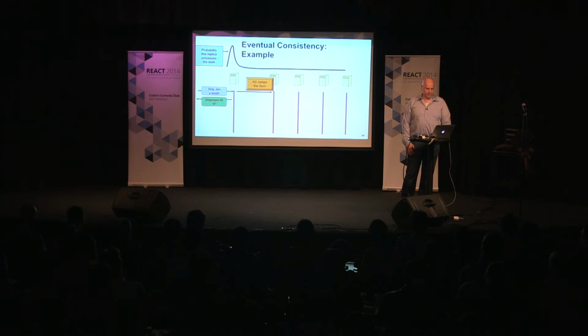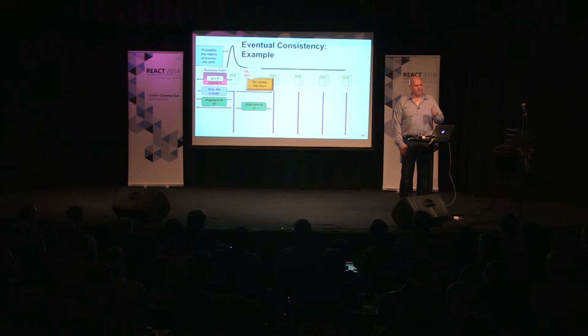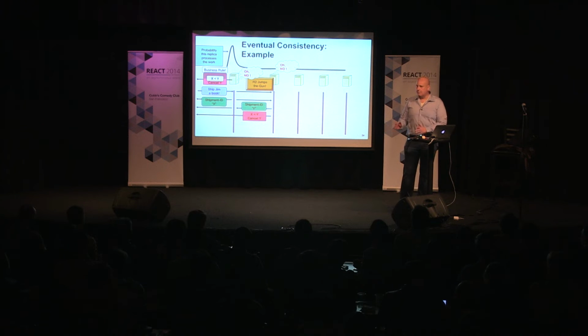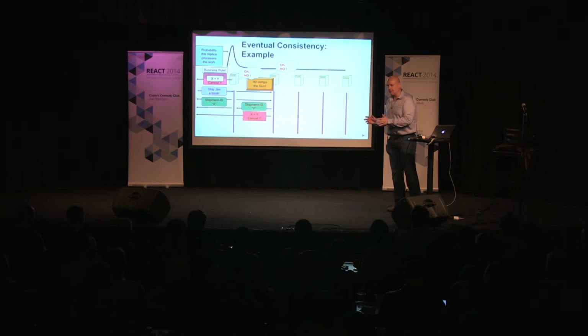He hears ship Jim the book, and he jumps the gun, and he says shipment ID is Y. Well, we have a business rule which says because X is less than Y, we will cancel Y. Again, that's a business rule. We've programmed it into our eventually consistent reconciliation. So now we've sent X, we've sent Y, and we are going to cancel Y. Okay? That ends up being predictable, acceptable behavior by the business rules.